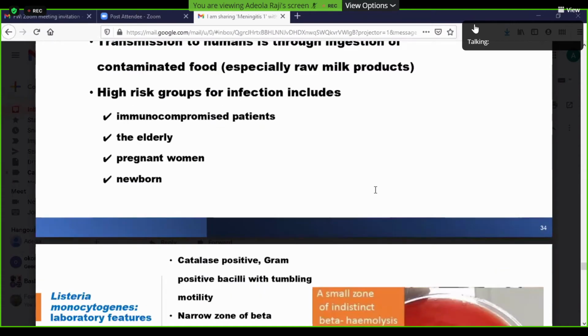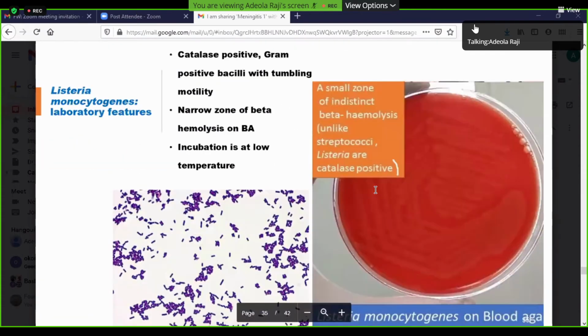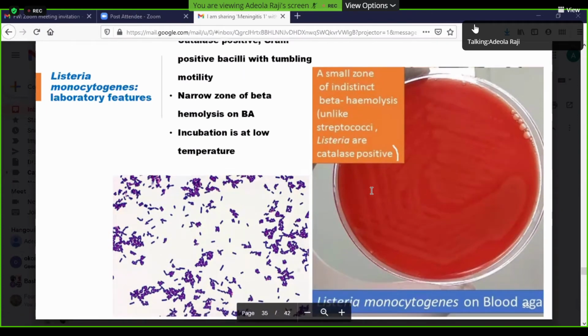In terms of laboratory features, the organism is catalase positive, gram-positive. It exhibits what we call tumbling motility. It's beta hemolytic with a narrow zone on blood agar, and you have to incubate at a low temperature.